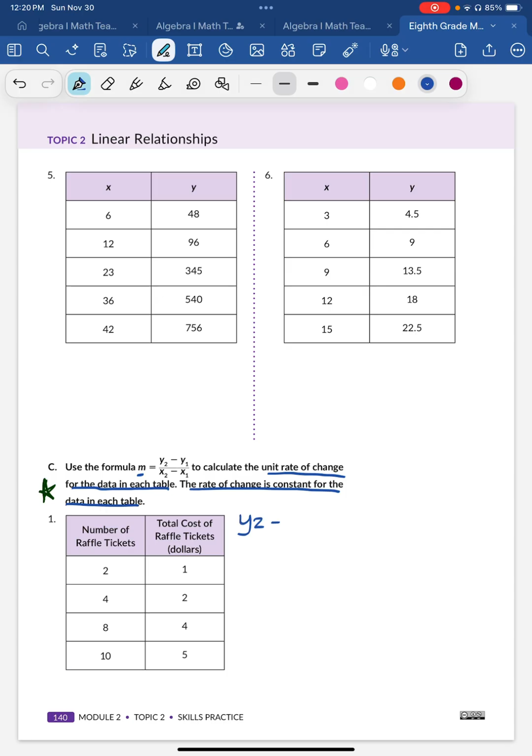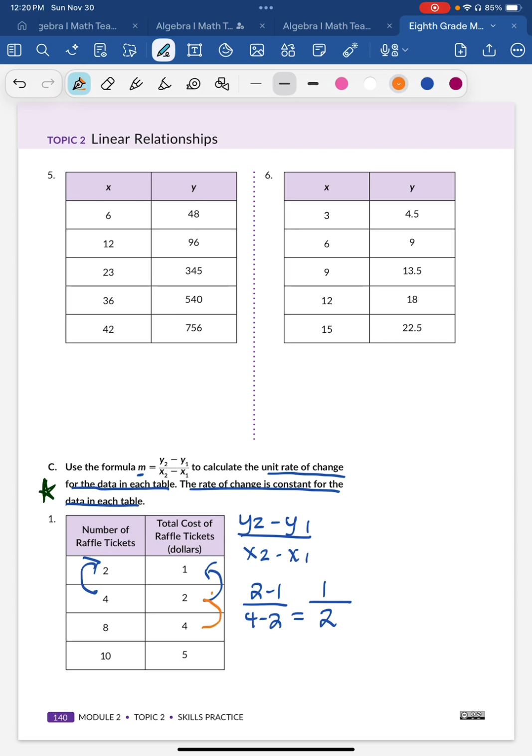So if we do that, y2 minus y1 over x2 minus x1, we'll start here and get 2 minus 1 over 4 minus 2. So what is 2 minus 1? 1. What is 4 minus 2? 2. So that shows us that our slope is 1/2.